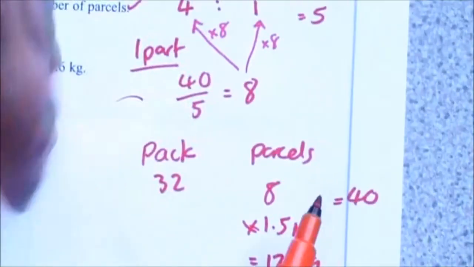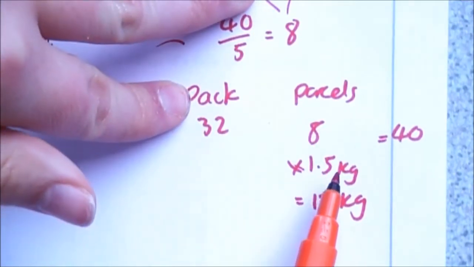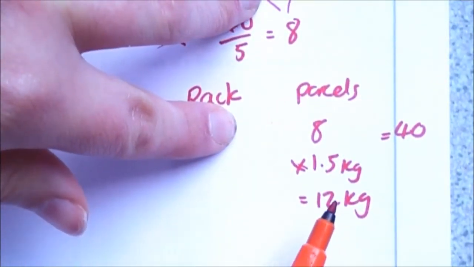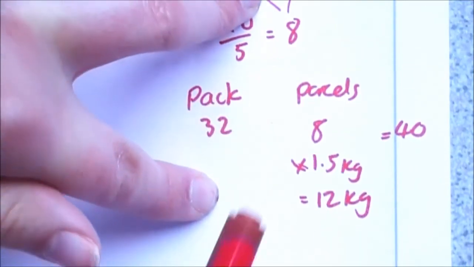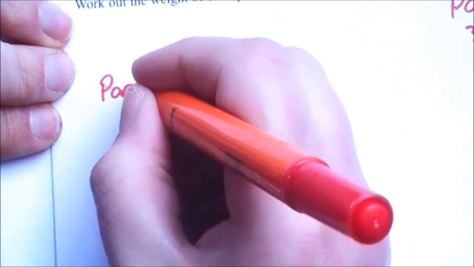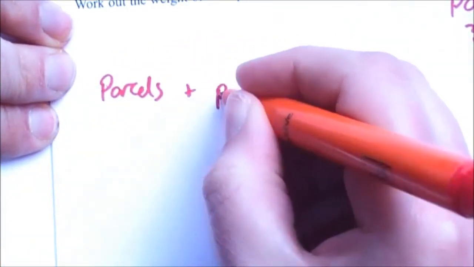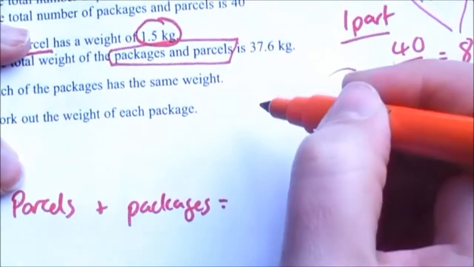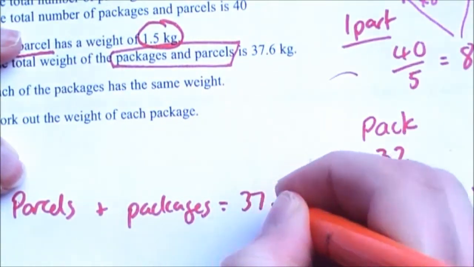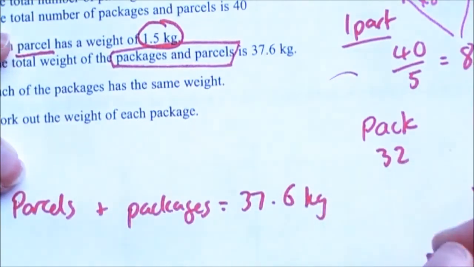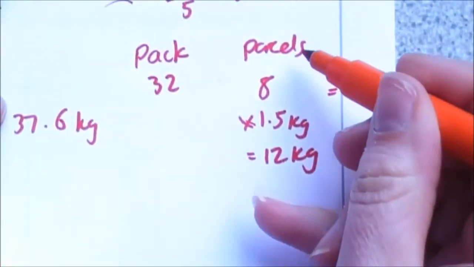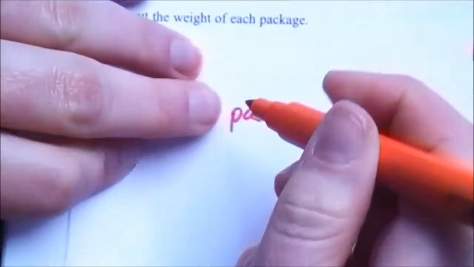So I know that each parcel weighs 1.5 kilograms, and altogether my parcels add up to 12 kilograms. Now I need to look at the packages. So what do I know? I know that the parcels and the packages add up to a total weight of 37.6 kilograms. And what I do know is that my parcels have a total weight of 12 kilograms.